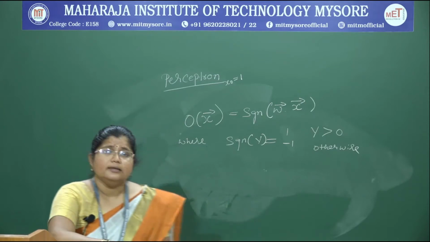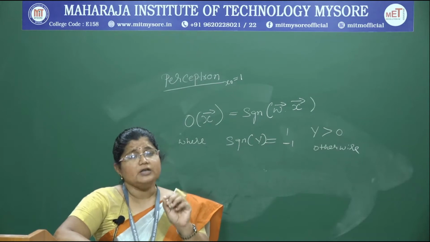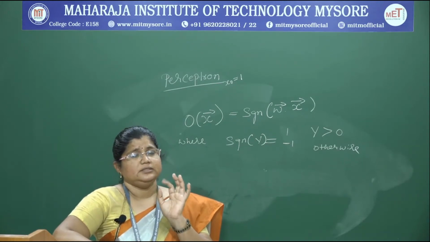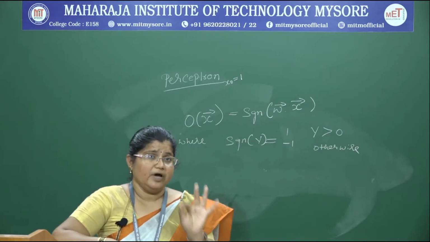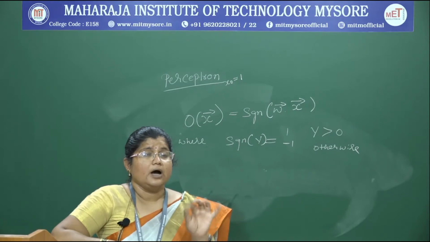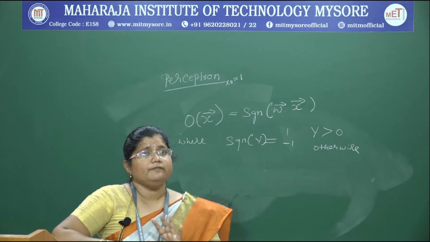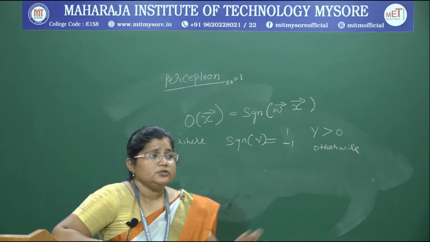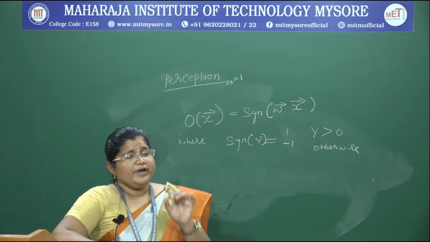Learning a perceptron involves choosing values for the weights. We have to remember this point, because the weights must be chosen properly so that the output of the perceptron is proper.